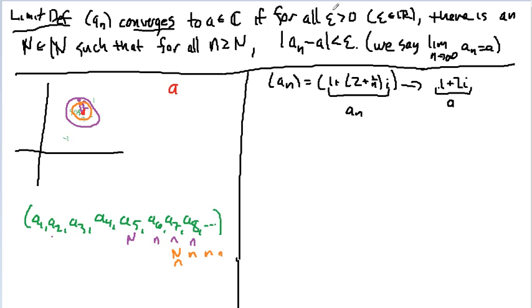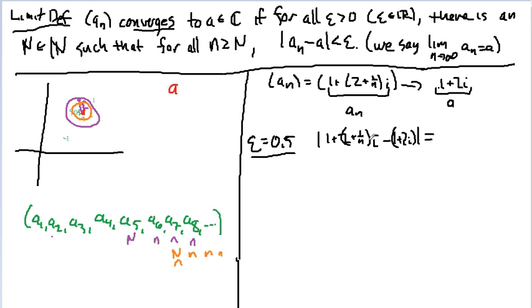For whatever epsilon, I should be able to come up with a capital N. So let's start out relatively easy. You think of epsilon as being small. If epsilon equals 0.5, well, what do I need? I need 1 plus 2 plus 1 over n, times i, minus 1 plus 2i, to be less than epsilon.